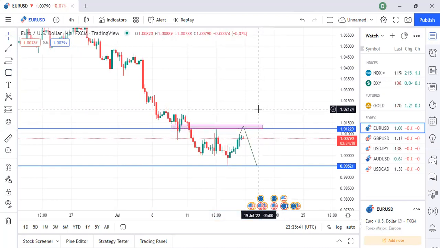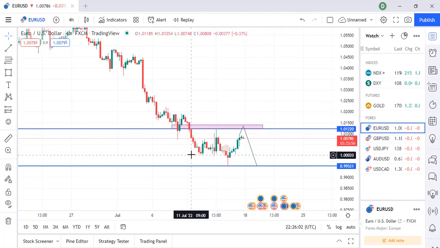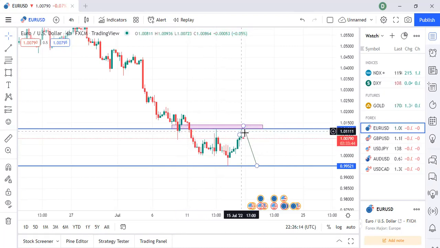I always make my entries on either H1 or M15, based on what price does. I use the H4 as the main point of analysis to make my entry on the H1 or M15. Within the H1 or M15, I will look out for confirmation or confluence to give me an idea that the market is about to reverse and go down.